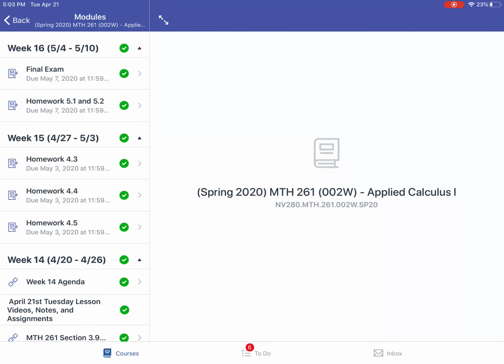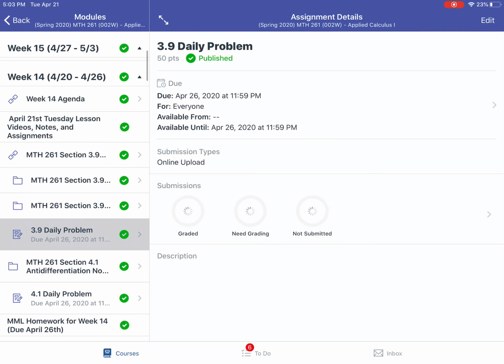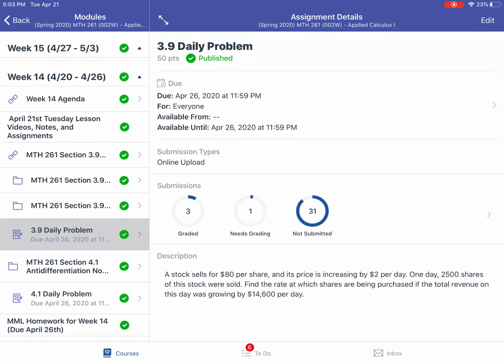But I'm still waiting for your 3.9 problems to come in, the one about how fast it is. Rabat and James did an amazing job on that problem already, but I think I'm still waiting for you guys to submit it. Oh, looks like somebody submitted it already. The one that I'm asking is, I want you to find the rate at which shares are being purchased.